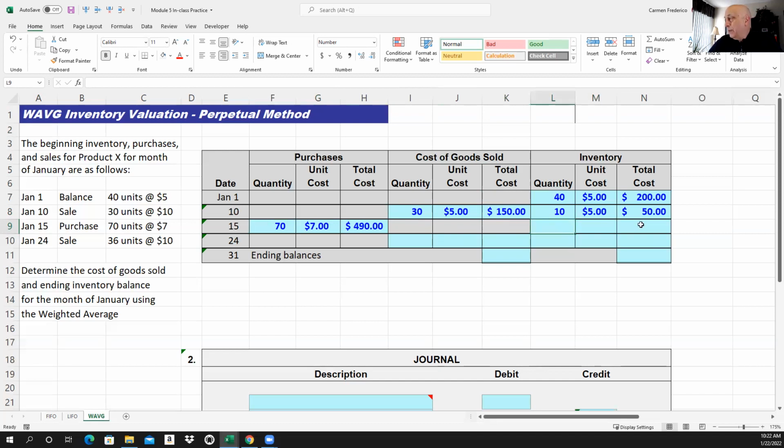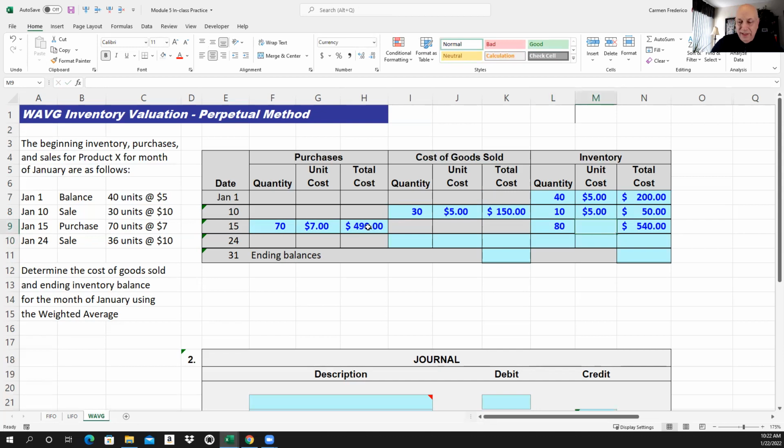So we come here, we put in the full inventory valuation. We have $50 plus the $490. We have $540 of total inventory. And we have total units of the 10 plus the 70. So we have total 80 units in inventory.